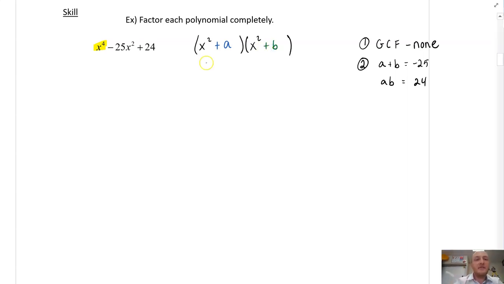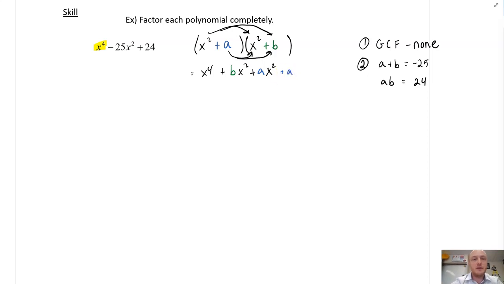If I FOIL this out, x squared times x squared is x to the fourth, and then x squared times positive b is a positive b x squared, and a times x squared would be a positive a x squared, and then a times b would be ab.